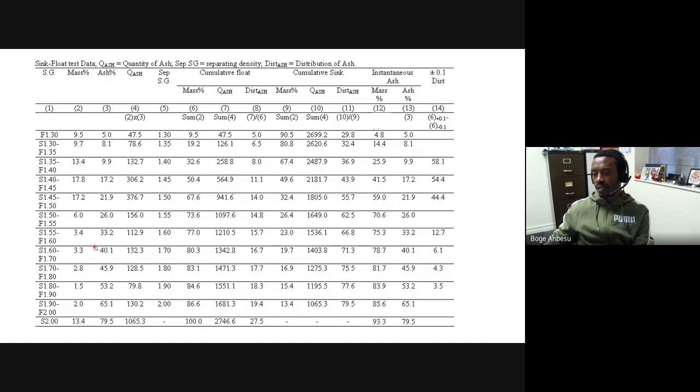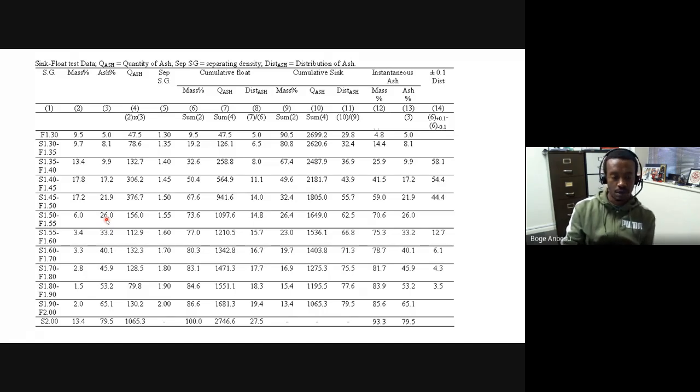So when I say, for example, in specific gravity range of 1.5 and 1.55, when we say the ash is 26.0, what we're actually saying is particles have specific gravity range from 1.5 to 1.55 in the float, but the average ash content is 26%, which means it's possible that some particles may have higher ash content, some particles may have lower ash content than 26, but the average is 26.